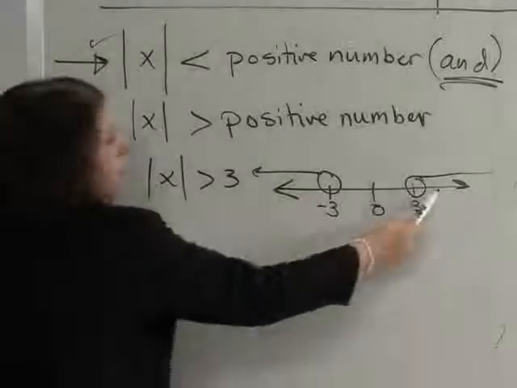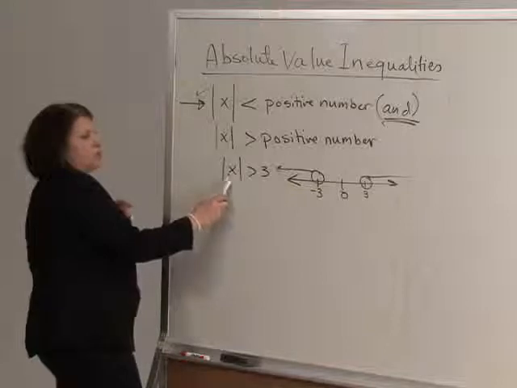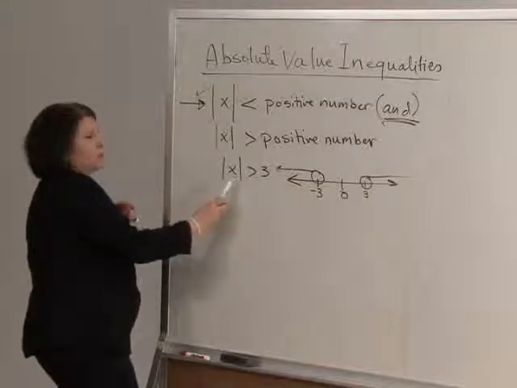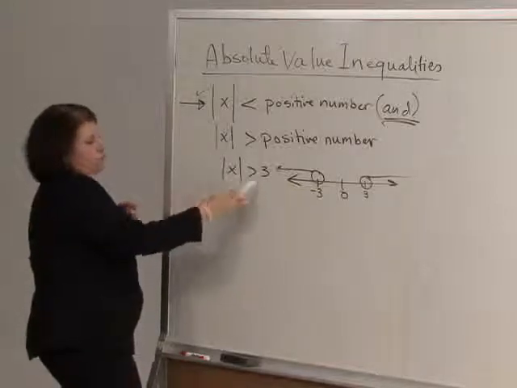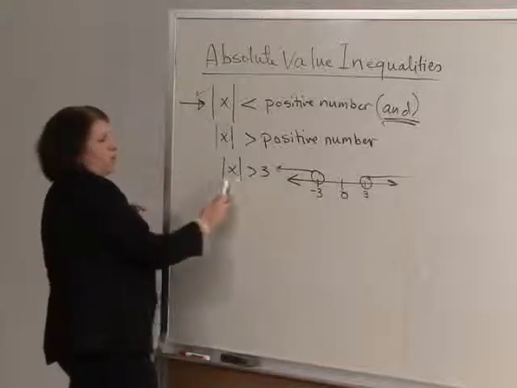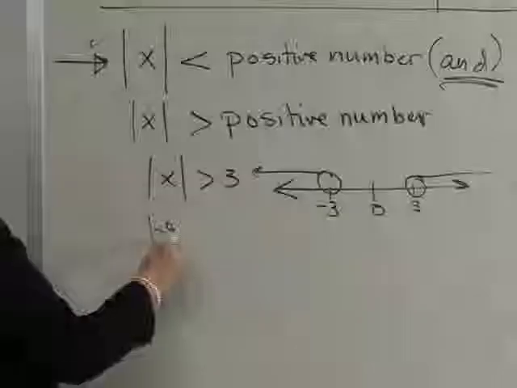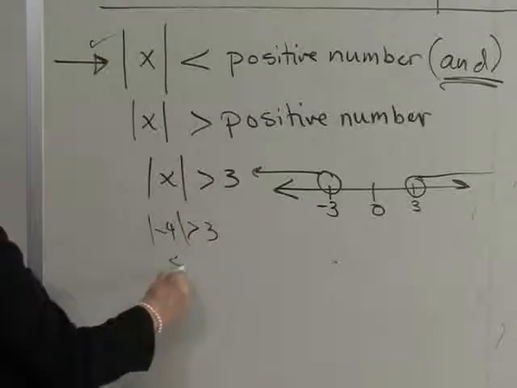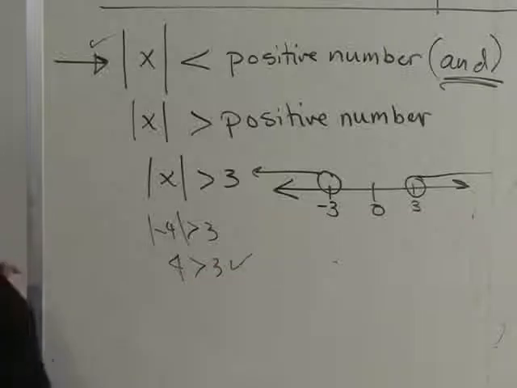So, for example, take 4. The absolute value of 4 is greater than 3, yes, because the absolute value of 4 is greater than 3. And if you pick a number here, let's say negative 4, the absolute value of negative 4 is greater than 3, because the absolute value of negative 4 is 4, and 4 is greater than 3, so that's a true statement.